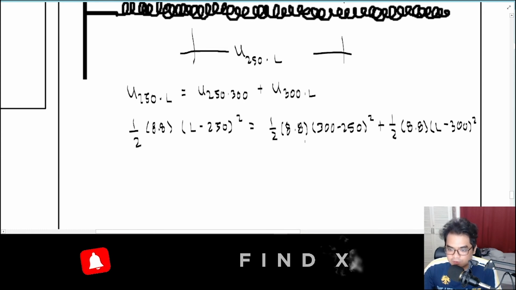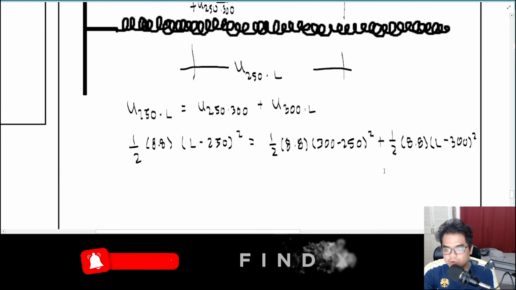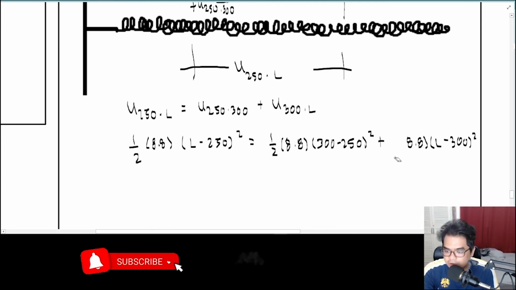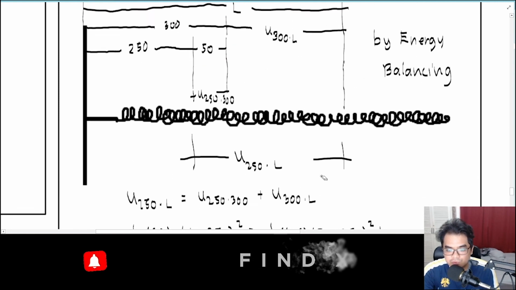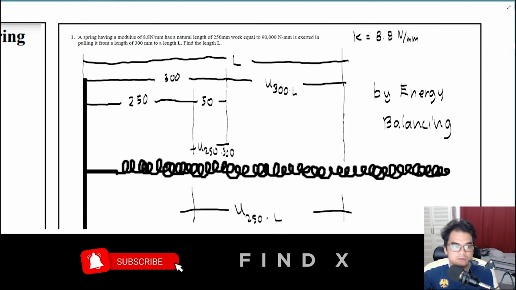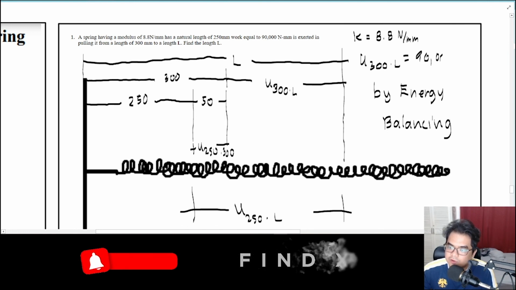Actually, we already have a value here, so you don't need to find this one. The value for U from 300 to L is 90,000.